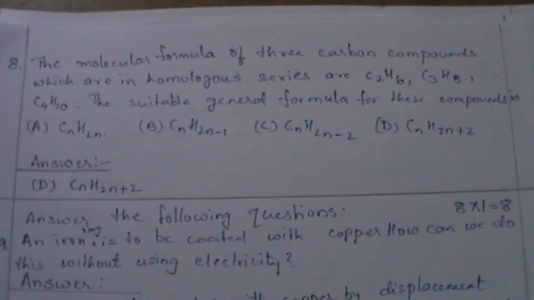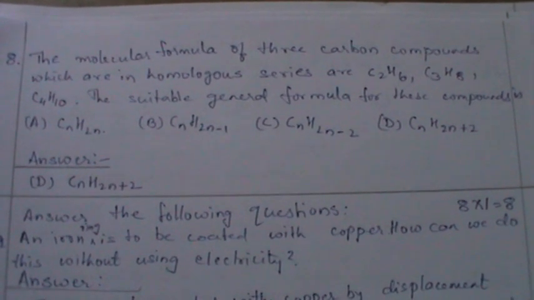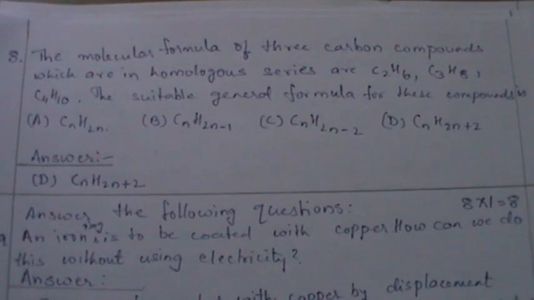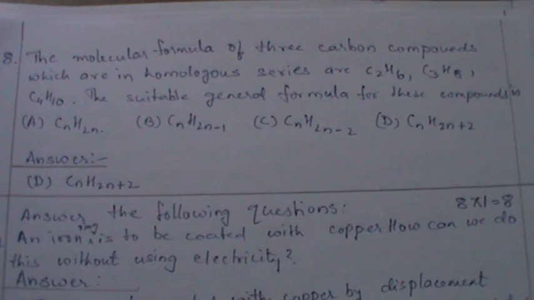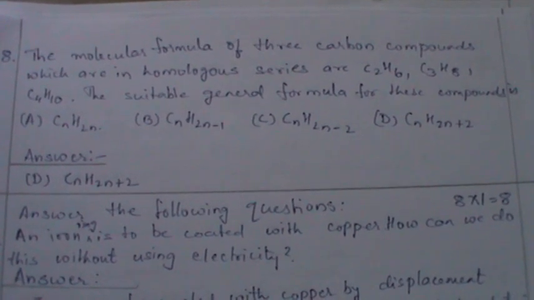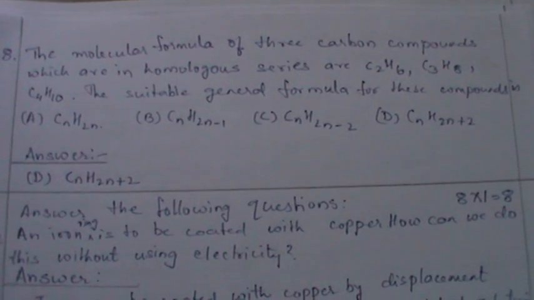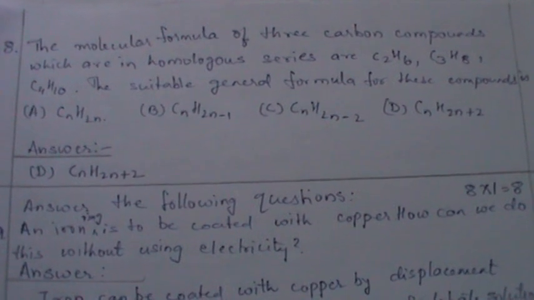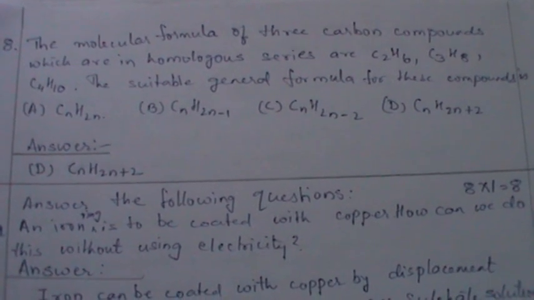Question number 8. The molecular formula of 3 carbon compounds which are in homologous series are C2H6, C3H8, C4H10. The suitable general formula for the 3 compounds is dash. Answer D. CnH2n plus 2.